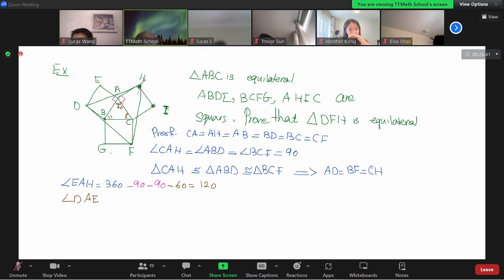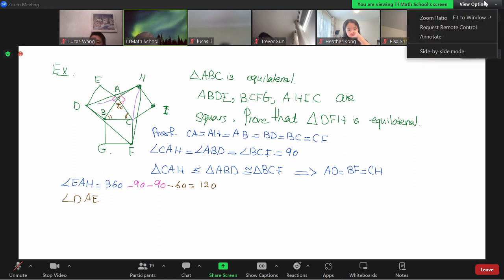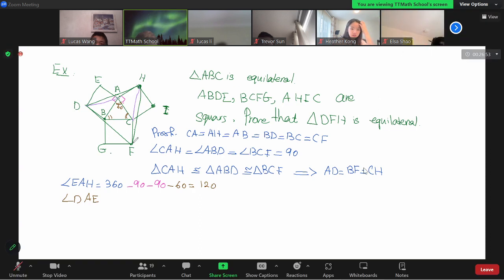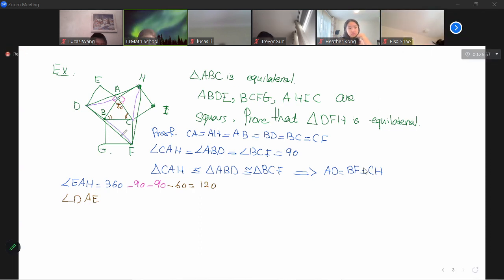I just used CAH, ABD, and BCF. Sometimes we don't draw them, but when you use three different vertices, it gives you a triangle, right?